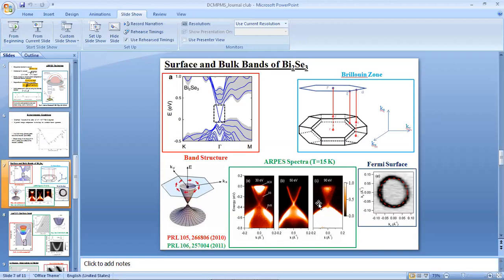Now, this is a false color scaling. There is no absolute color scaling between these three spectra. I can make it much dimmer. These are individual color scales, so you cannot actually compare between all these three.